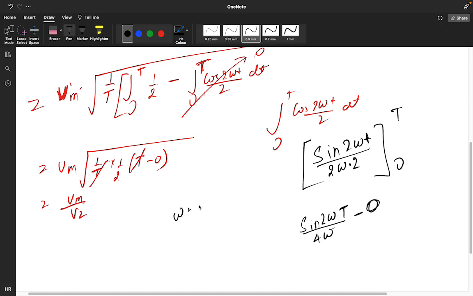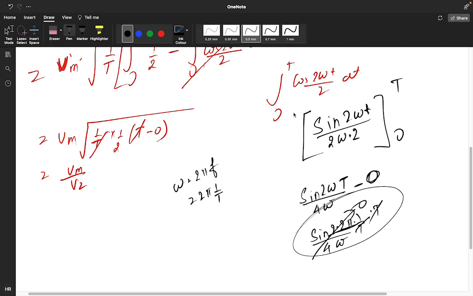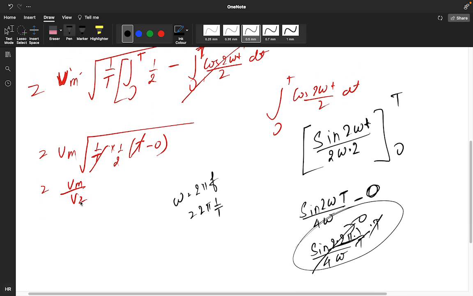Omega is 2 pi f, and f is 1 by T. So sine of 2 into 2 pi into 1 by T into T, the T cancels out, and we get sine 4 pi, which is 0. That is why we get this part as 0. So you are getting Vm by root 2. V RMS of any sinusoidal wave, either cos or sine, you will get Vm by root 2.